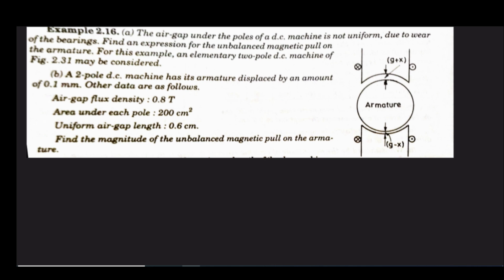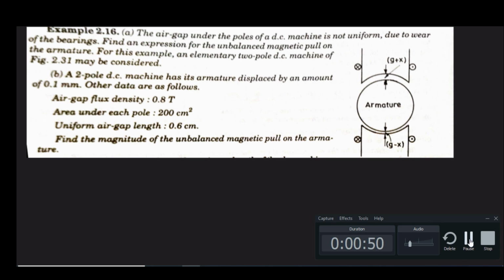I have selected this example because it will give you an insight into why symmetrical placement of the armature, or better to say the rotor, is very important with respect to balanced torque generation and others.